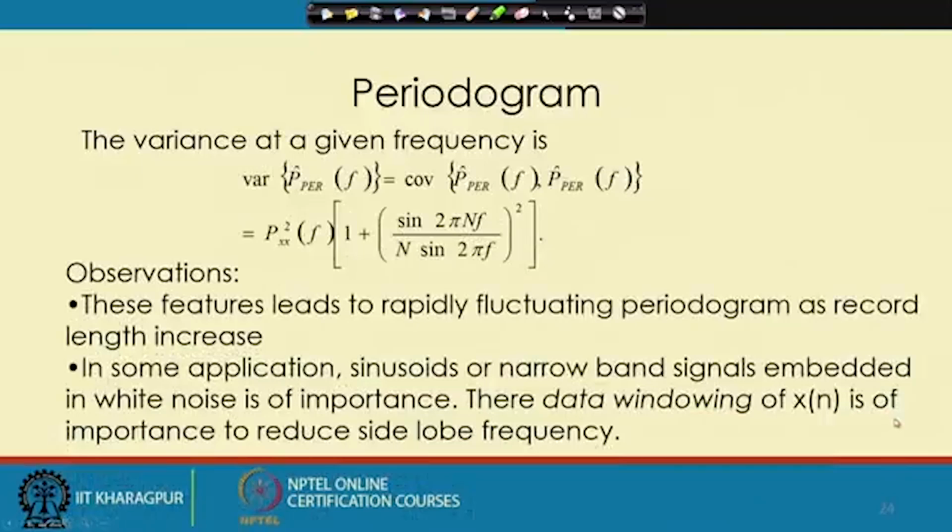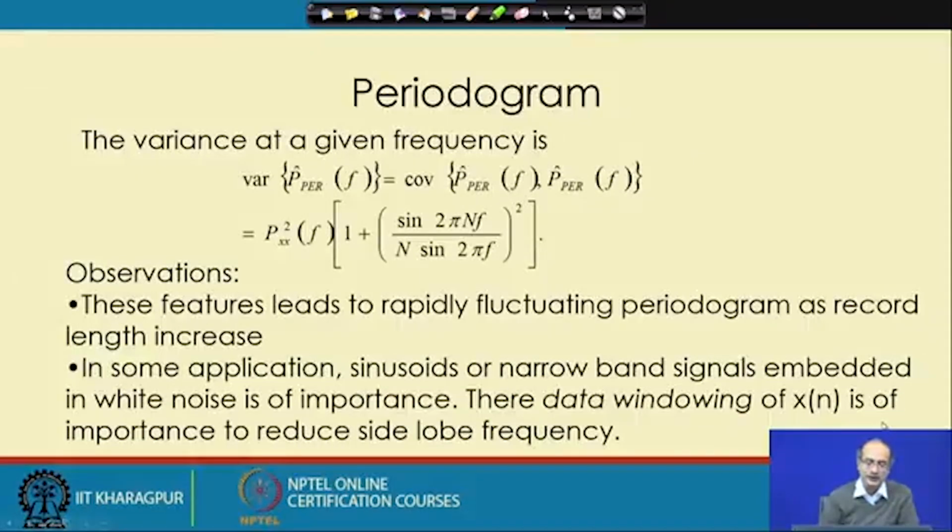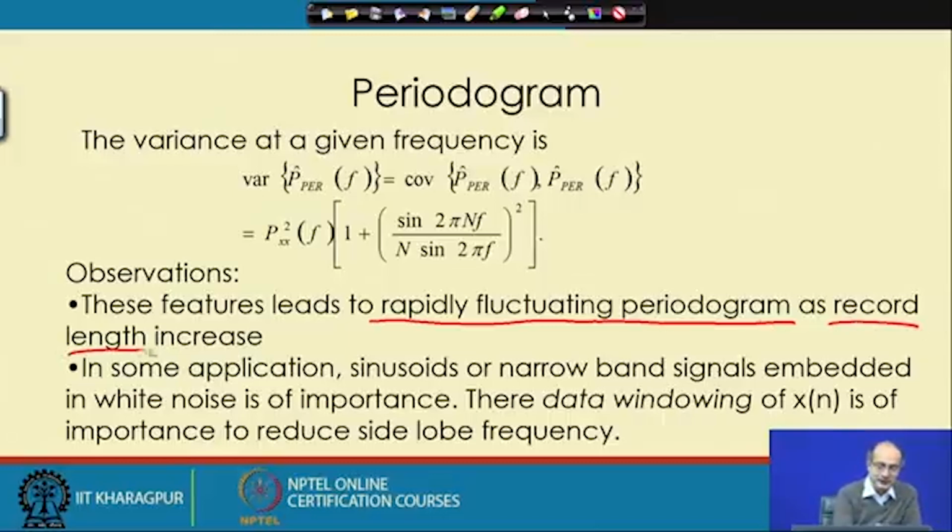So, here a few more small features we would look at. What we are expected to get is a rapidly fluctuating periodogram. So, instead of getting a better and better estimate with the signal length, as we expected, with the bias going to 0, so that we would get closer and closer to the true value, what is happening instead?